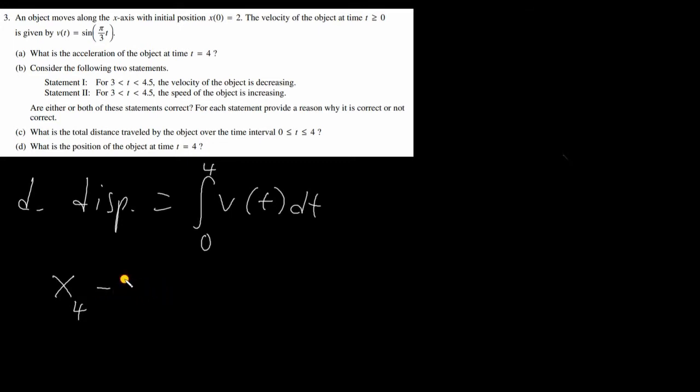So my displacement is equal to the integral of the velocity function, and the integral from 0 to 4, more specifically, because we're talking about the position at time t equals 4. Alright, so displacement is my final position, my position at the final time, time of 4, minus my initial position, my position at time t equals 0, being this integral.